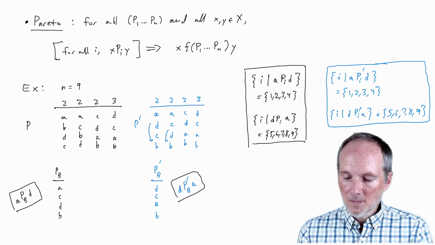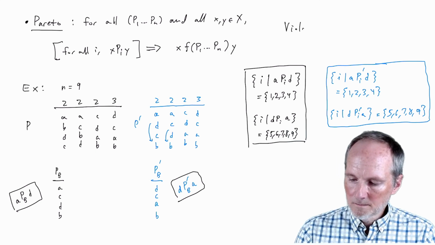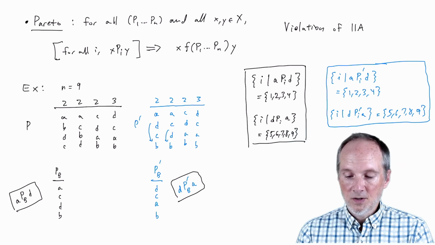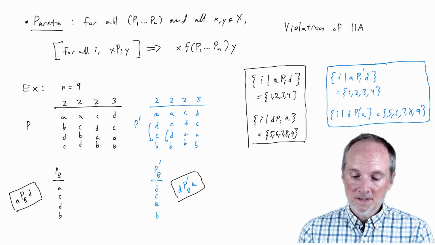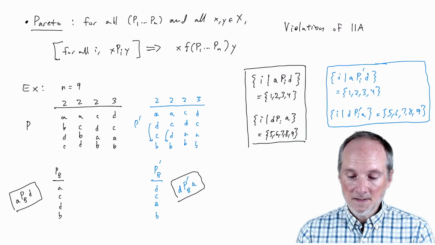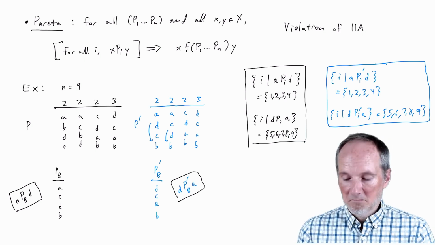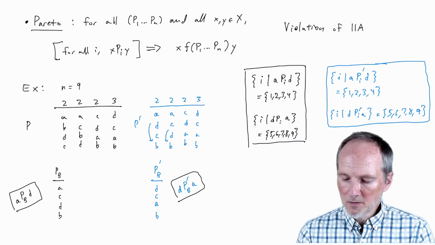So this is a violation of IIA. It shows that the Borda social preference function does not satisfy this axiom. Majority rule does. You just go to the axiom and think about it, you can see that.